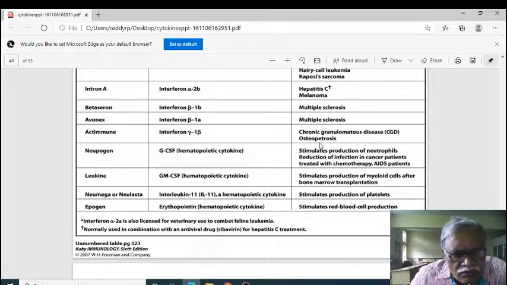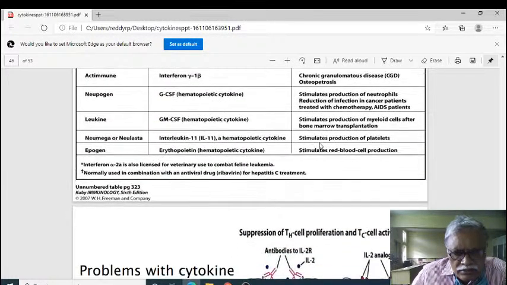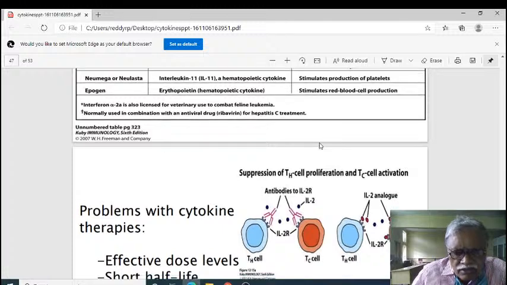They interfere with the cytokines and relieve inflammation and pain. And even in malignancy, you use monoclonal antibodies, like in chronic myeloid leukemia, etc.